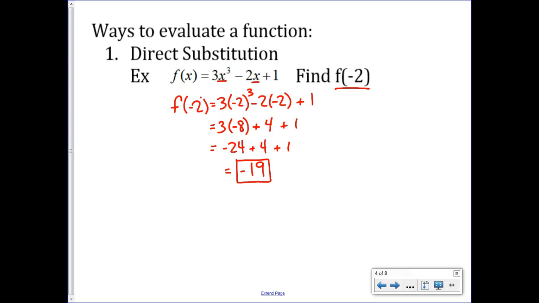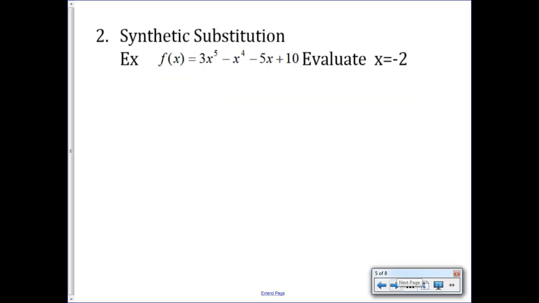The other way we can evaluate functions is using synthetic substitution. Synthetic substitution is one of my favorite things that we do in here because I think it makes it a whole lot easier to plug in values. So synthetic substitution works like this. If we want to evaluate when x is negative 2, we're going to put negative 2 up here in its own little box. Then I'm going to pull all of the coefficients off of this function.